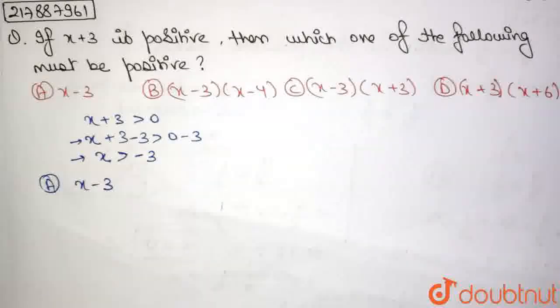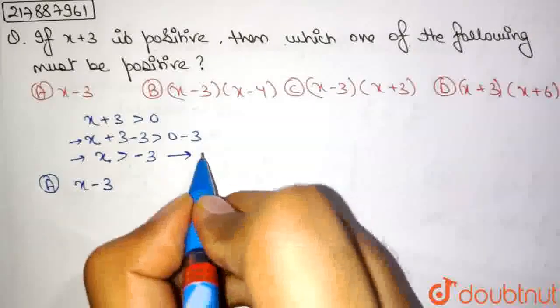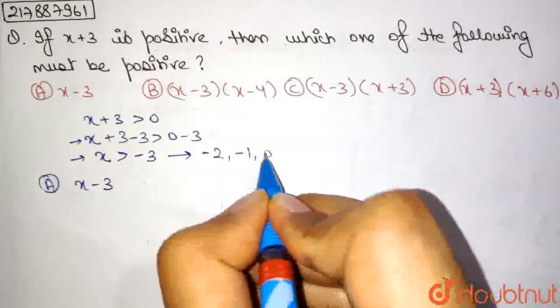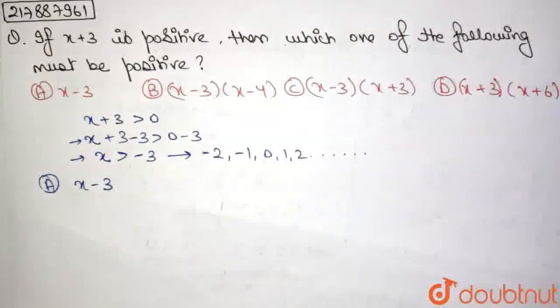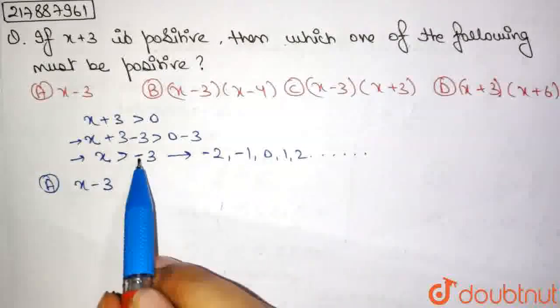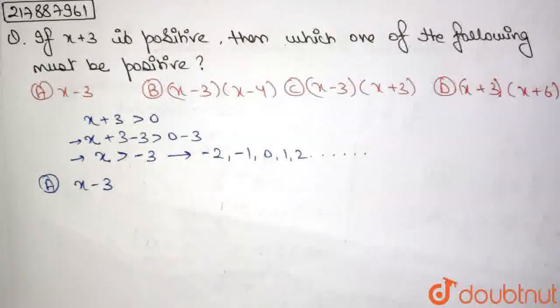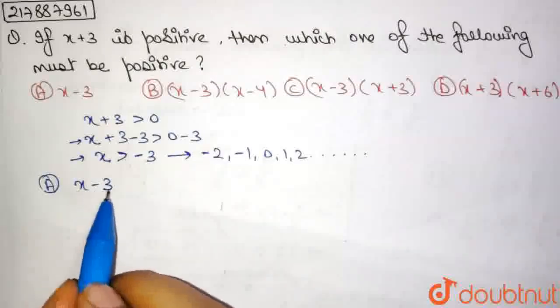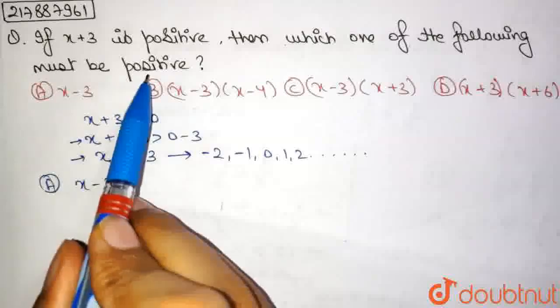Let me simply talk about the integral values. x can take values minus 2, minus 1, 0, 1, 2 and so on, right? And the minimum value that x can take is just greater than minus 3, so minus 2.99999 and so on. So x minus 3, now this must be positive, right?